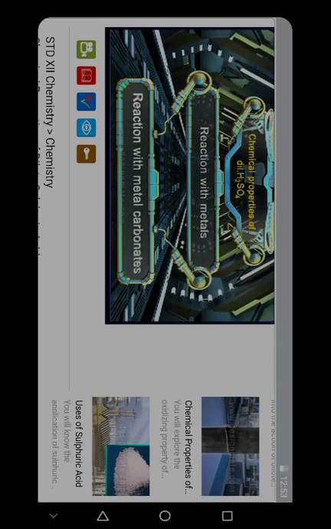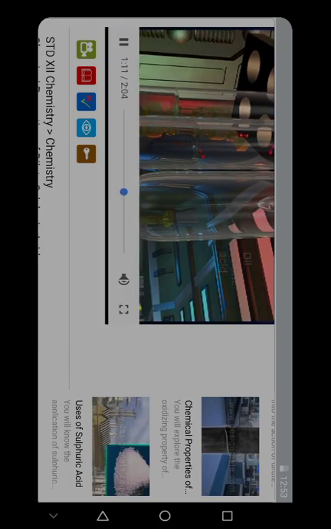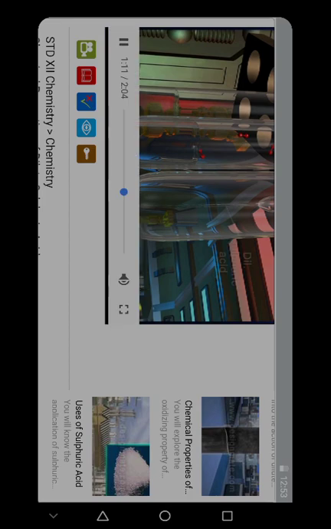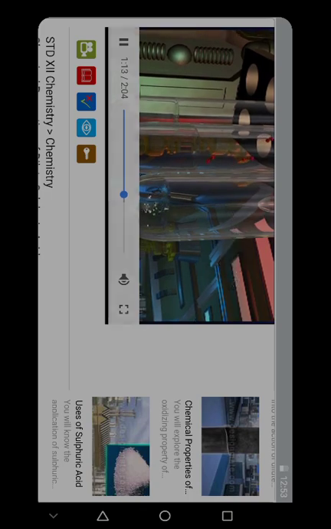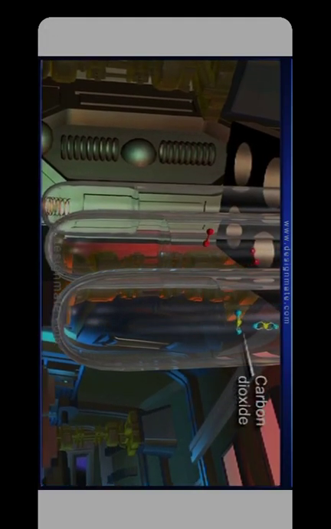Reaction with metal carbonates. When dilute sulfuric acid is added to metal carbonates like sodium carbonate, it forms aqueous sodium sulfate and carbon dioxide gas is evolved.